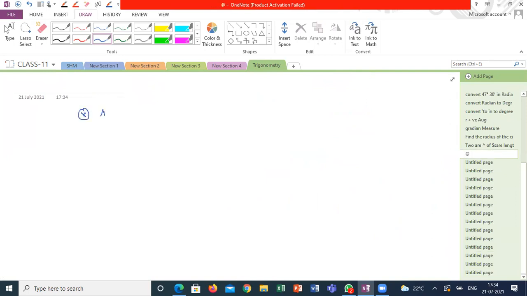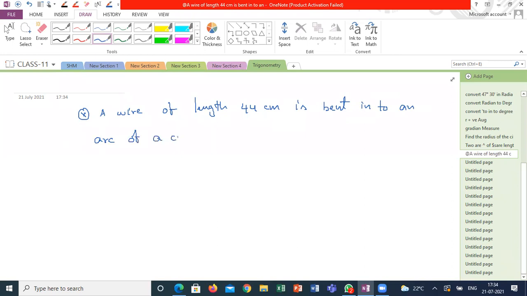A wire of length 44 centimeter is bent into an arc of a circle of radius 12 centimeter.